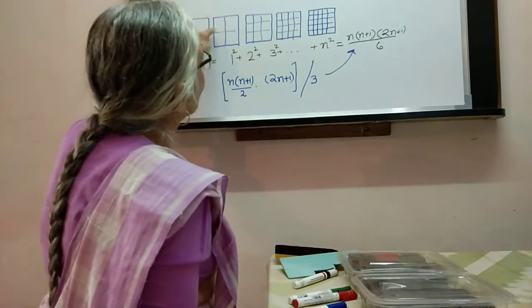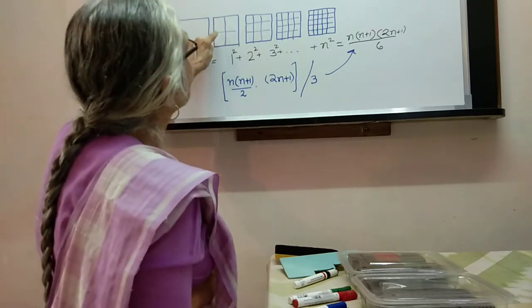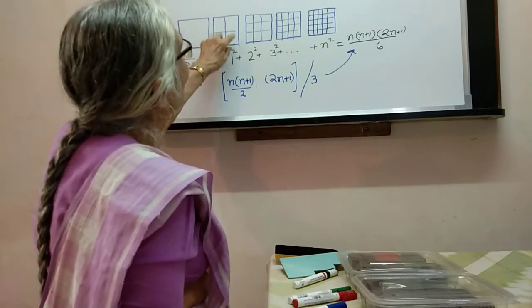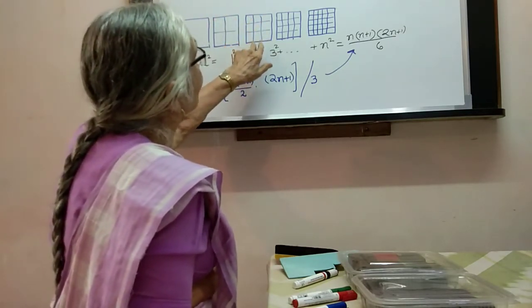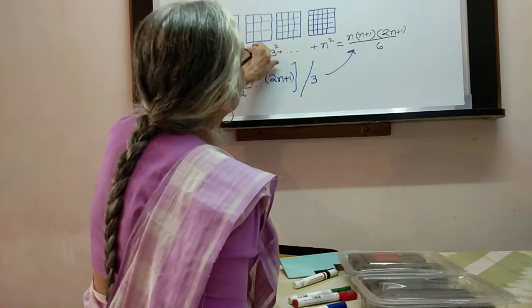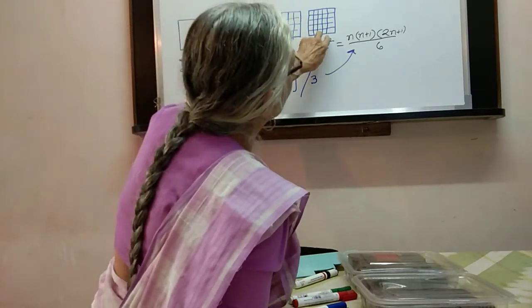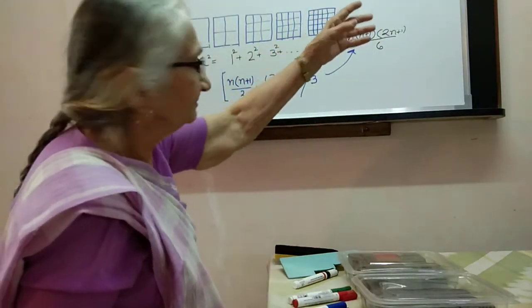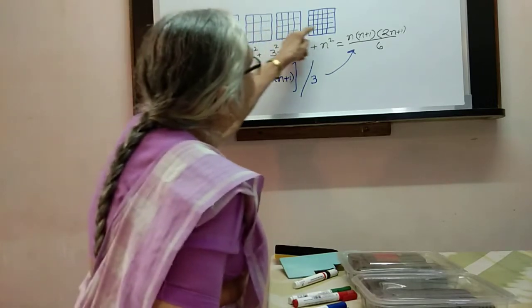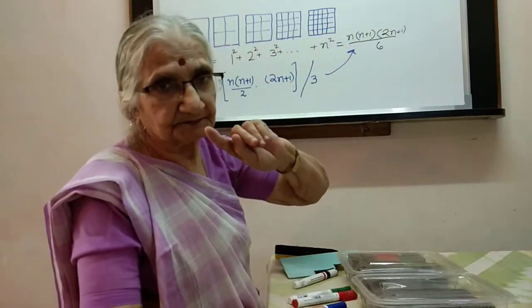Here we have divided by one horizontal line, one vertical line through the middle, and that is 1, 2, 3, 4 and the whole one 5. Okay, here we are dividing by 2 vertical and 2 horizontal, 3 horizontal and 3 vertical, 4 horizontal and 4 vertical, and so on. You can go to any extent, n maybe. And every time you have to count the number of squares that you have in all.